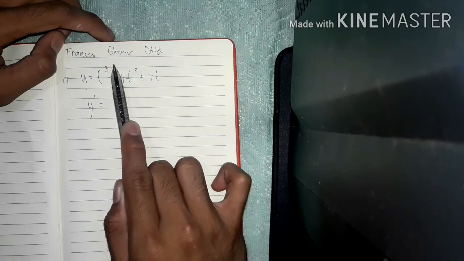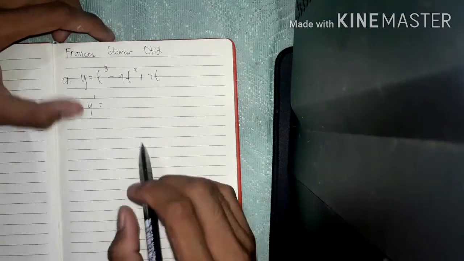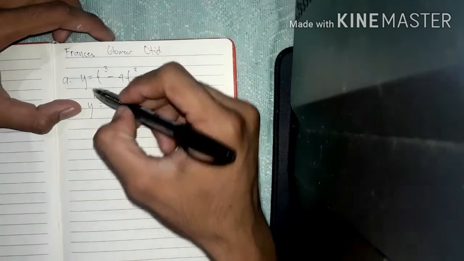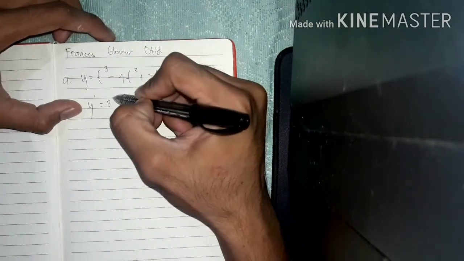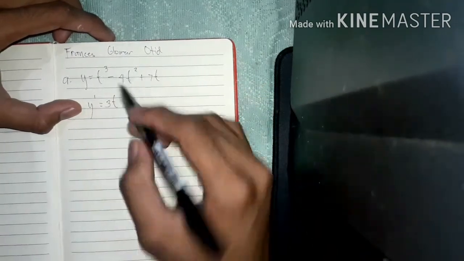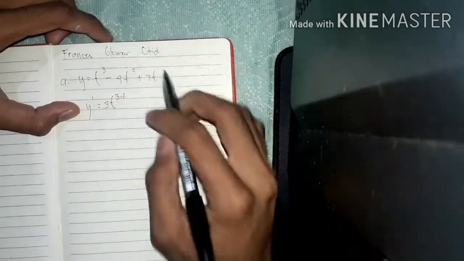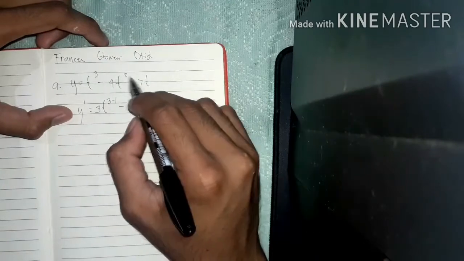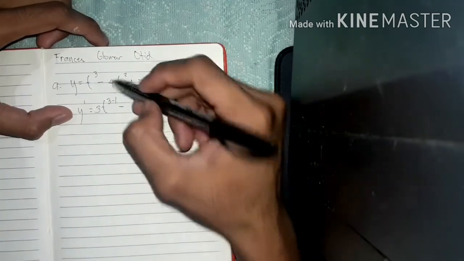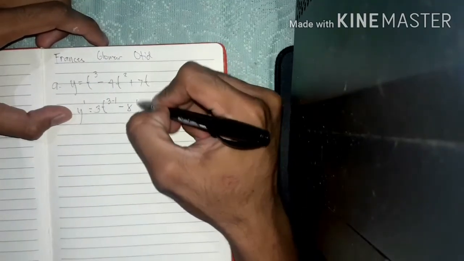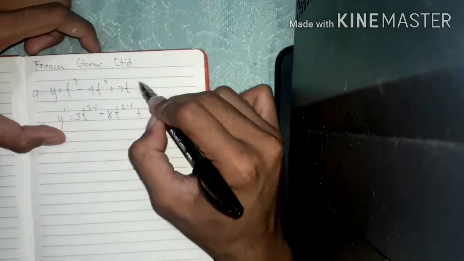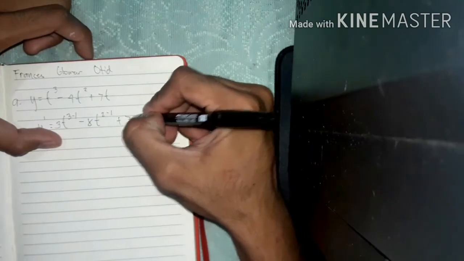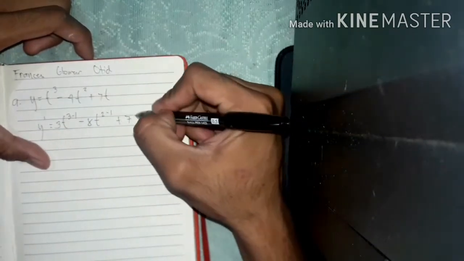For example, 3 times 1 equals 3, then copy the t, then 3 minus 1, as well as 2 times 4 equals 8. Copy the t, 2 minus 1, plus 1 times 7 equals 7. Copy the t, then 1 minus 1.